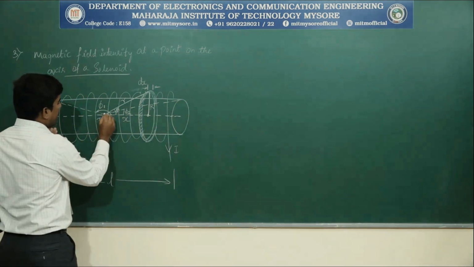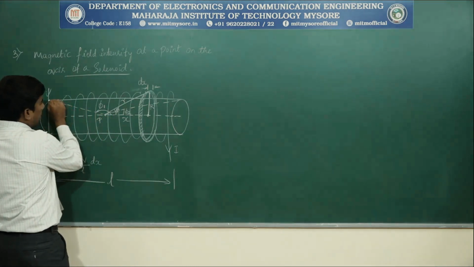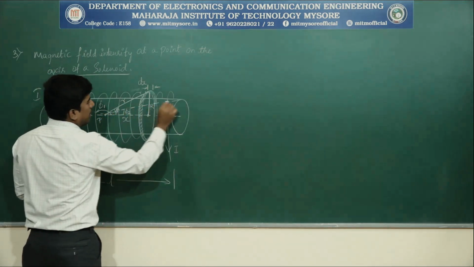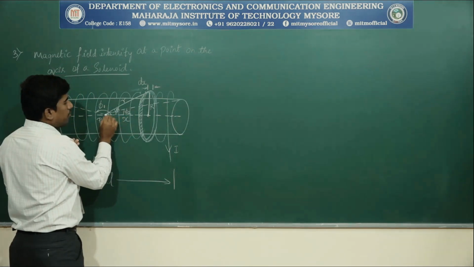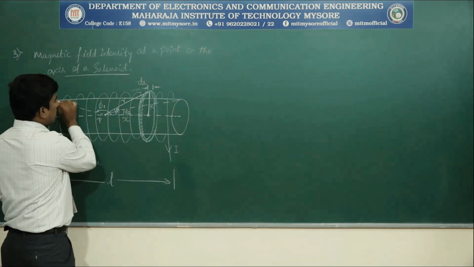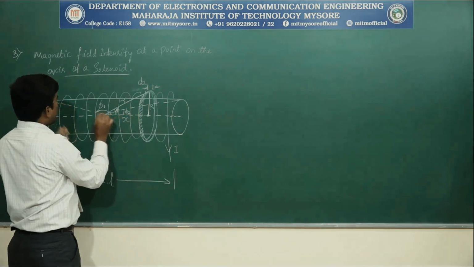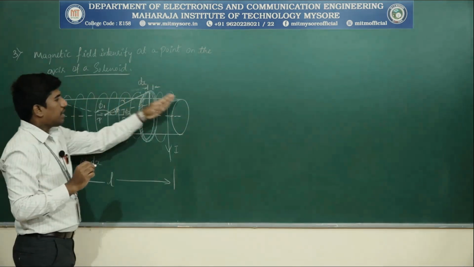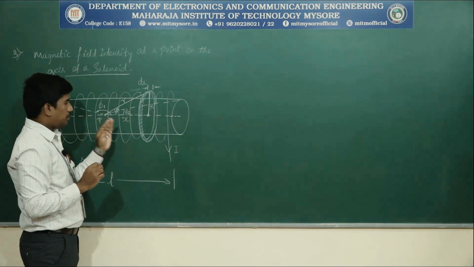See, this is the left edge, this is the right edge. The angles formed with respect to the radial axis are phi 1 and phi 2 with respect to the left and right edge of the solenoid respectively.